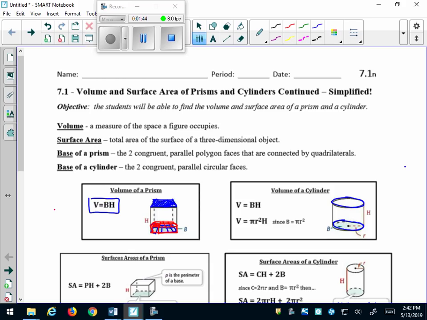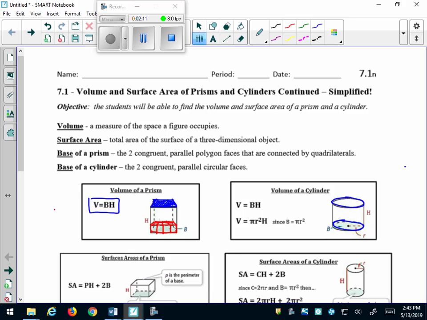Each one of these boxes covers up the base. So if we divide this into boxes like this, there's going to be a certain number of boxes, like cubes, that fit across the bottom.